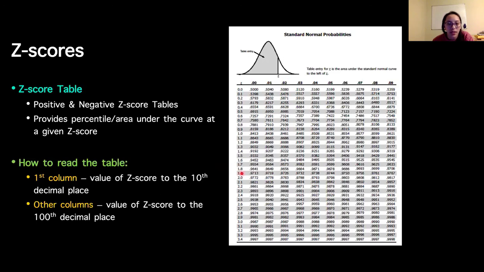So 1.82 tells me we have a probability of 0.9656, which translates to 96.56%. And that should make sense, because we know 95% of our data should ideally exist between two standard deviations.